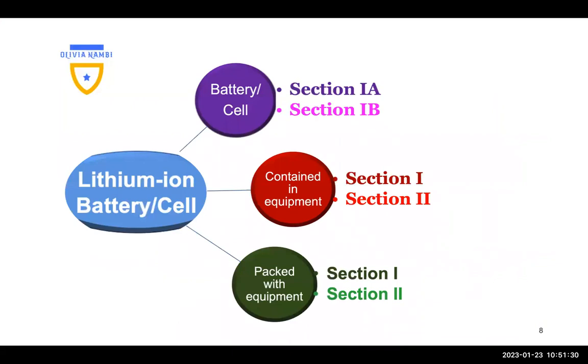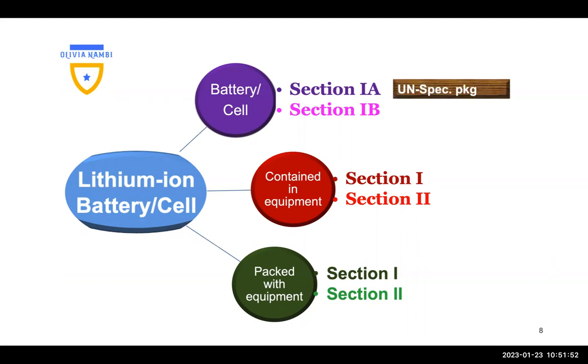So let's look at the summary. Lithium-ion battery cell. We ship them as loose batteries. We can only ship them under 2 sections, either section 1A or section 1B.